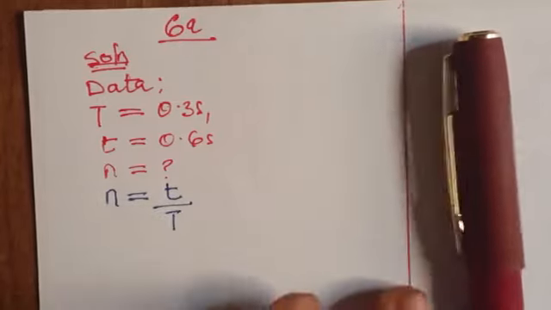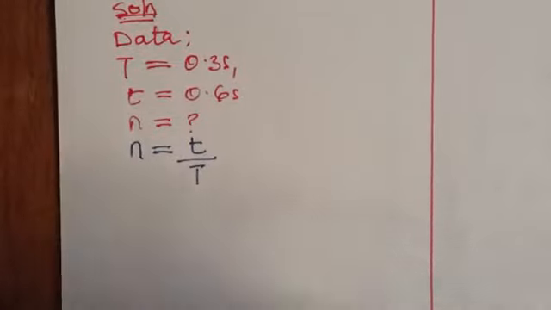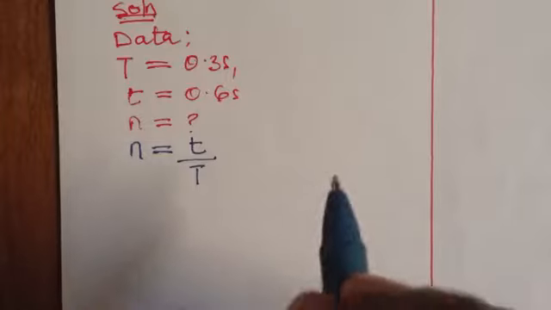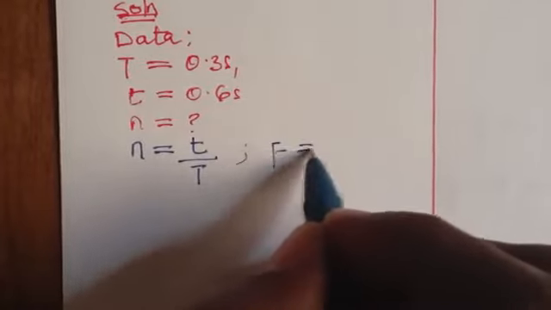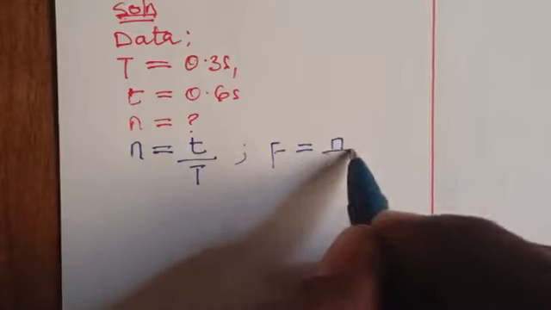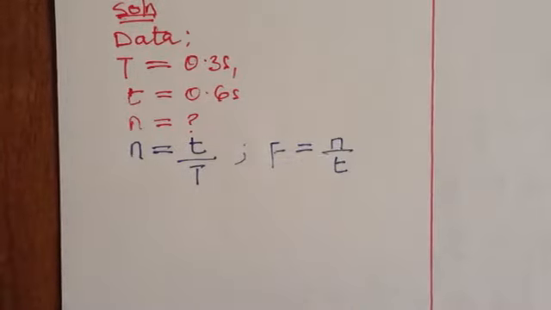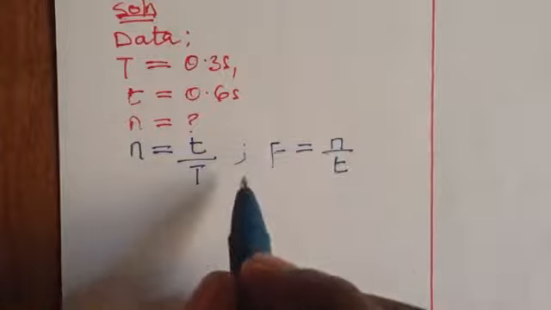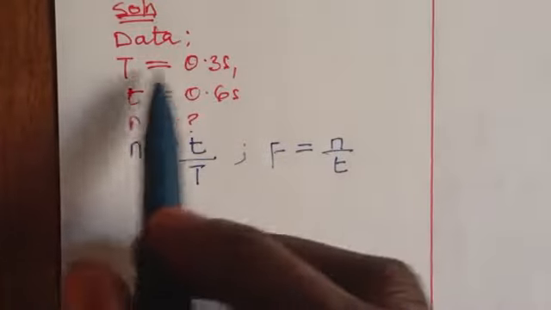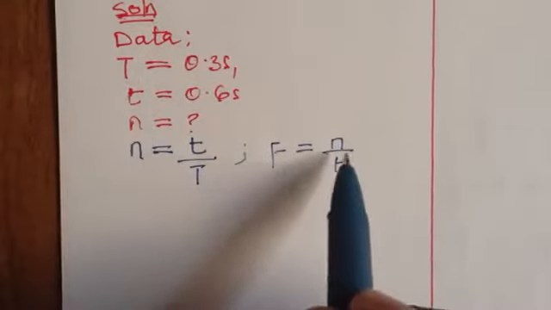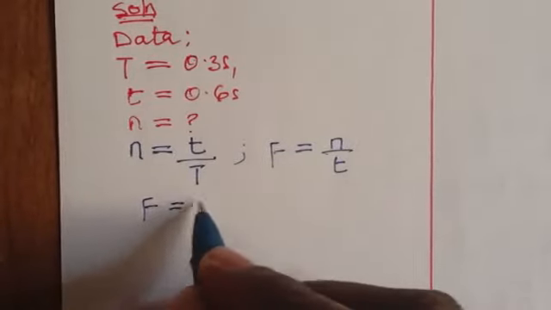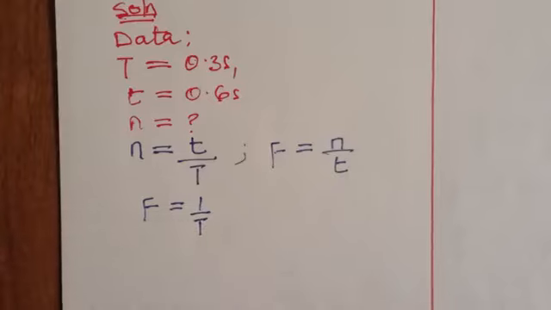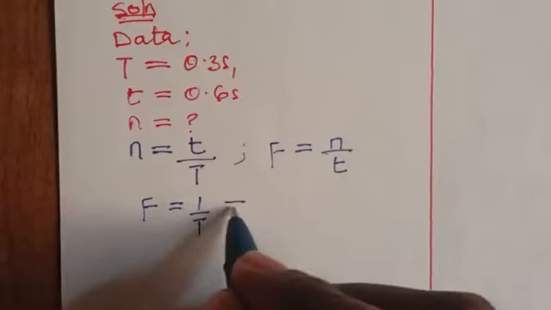If you have forgotten, you can also get it from the relationship between frequency and number of oscillations. We have that frequency is equal to number of oscillations per second, right? Since no frequency is given to us, we can write this in terms of period, knowing that period and frequency are related by this formula.